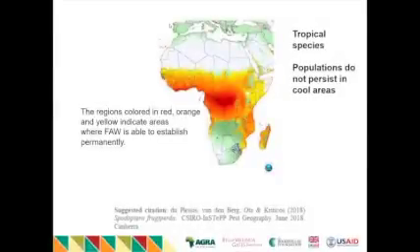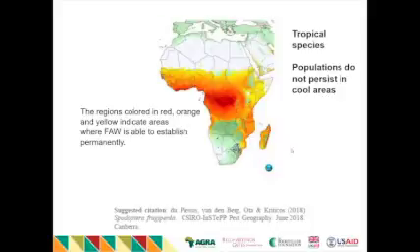To end the biology section of this module, fall armyworm is a tropical species, meaning it likes hot and humid conditions, and populations do not persist in cool areas. The infestations we get in cool areas with cold winters in the following season are due to invading populations.